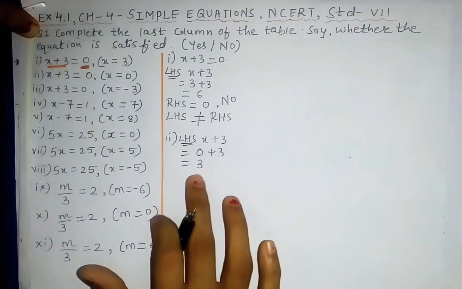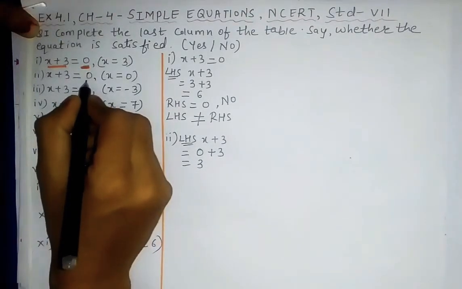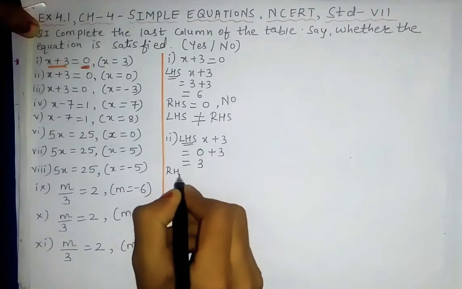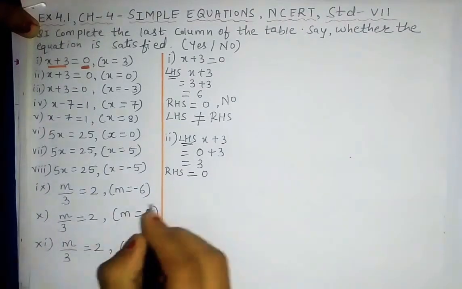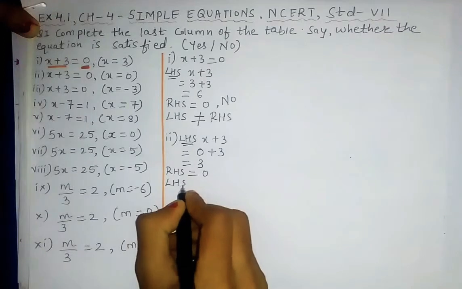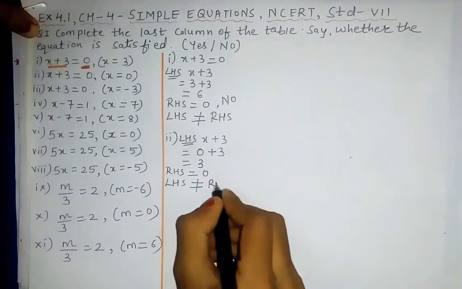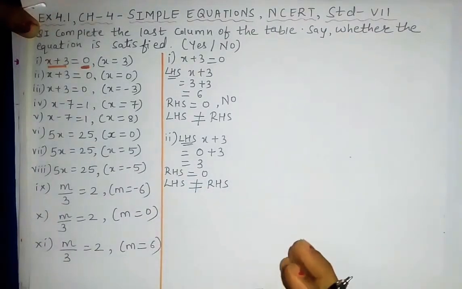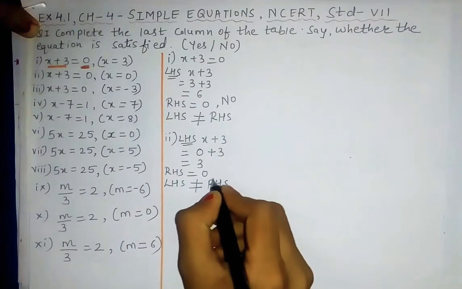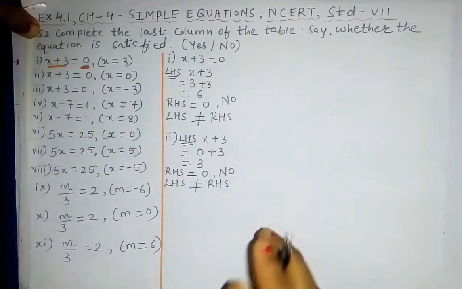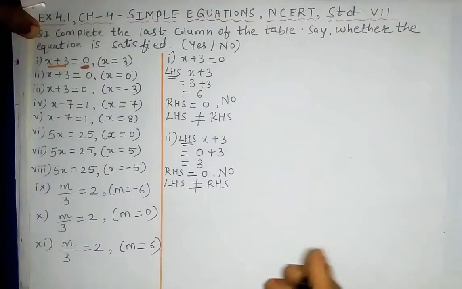So our answer is 3. And RHS is given 0. So again our LHS is not equal to our RHS. So here also we will write no. This is also not the correct value.